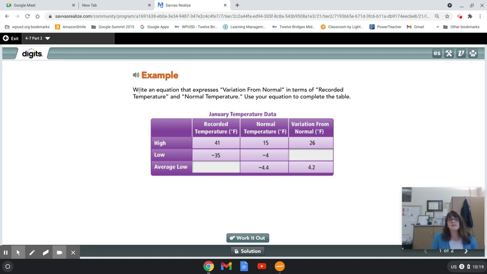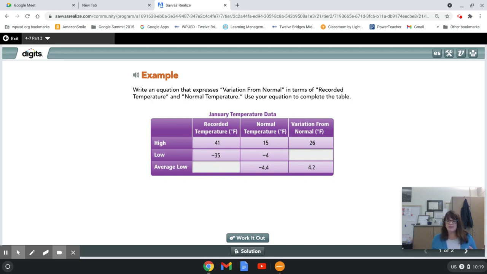So this is asking you to write an equation, I did that part for you, that expresses variation from normal in terms of recorded temperature and normal temperature. Huh? Well, let's look at it. This is saying that the recorded temperature was this, normal temperature is this, variation from normal is this.